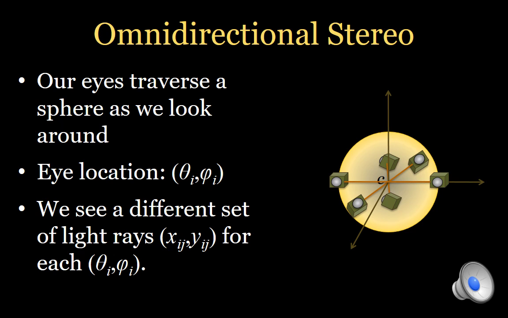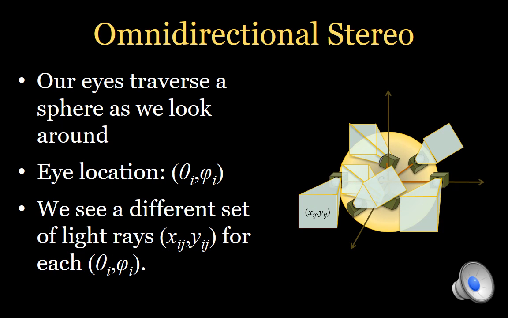Now, for each of those eye positions, we actually see a different set of light rays that emanate from the world. This essentially means one would need to capture a different image for every possible eye location. This makes capturing omnidirectional stereo a problem of capturing a 4-dimensional function of theta_i and phi_i, as well as x_ij and y_ij, which denote the pixels in the image.